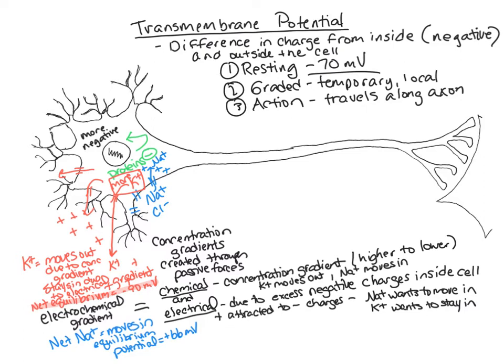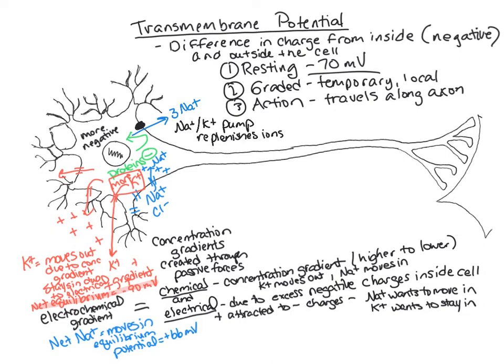Now, because of these leak channels, potassium is constantly moving out of the cell and sodium is constantly moving into the cell, there is a sodium-potassium pump that helps to replenish these ions inside and outside the cell. This sodium-potassium pump keeps the resting membrane potential stable. This pump will pump out 3 sodium ions from the inside of the cell because sodium continually is leaking into the cell and we have to pump sodium out.